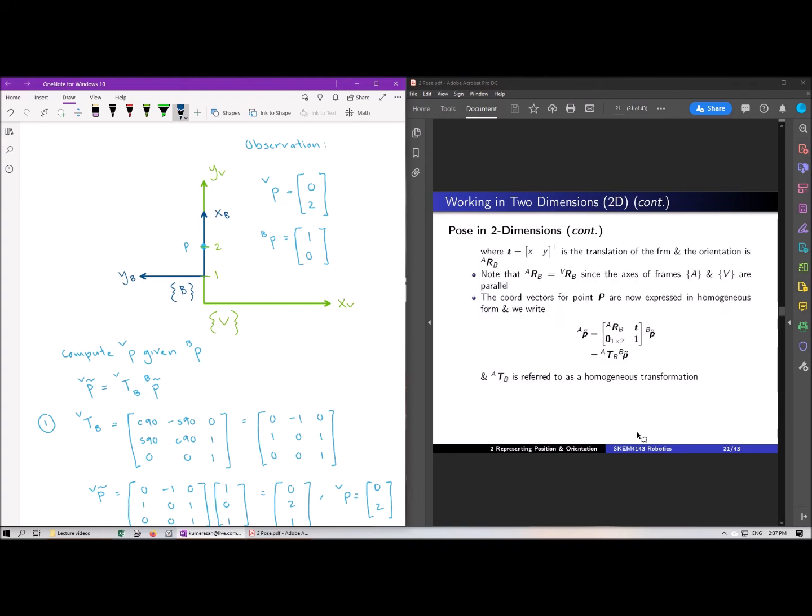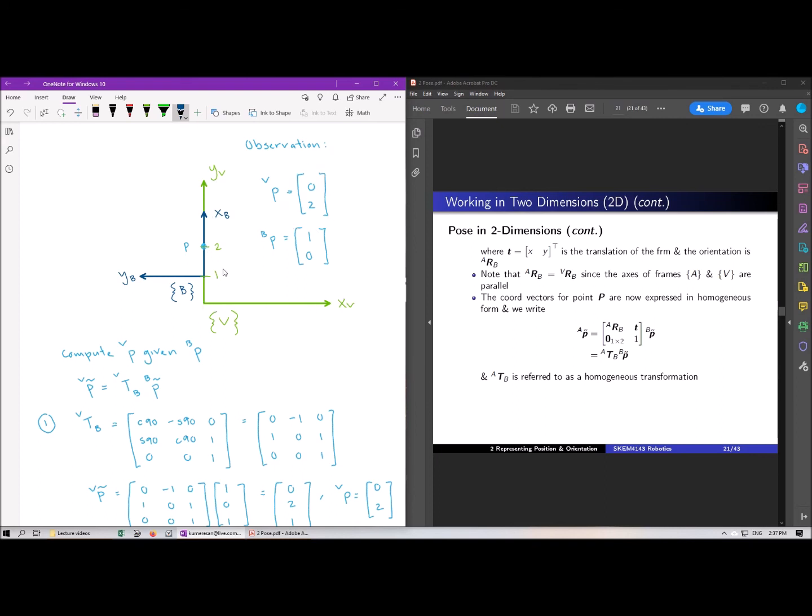We are given again two coordinate frames, coordinate frame V, Vietnam, and coordinate frame B, Bangkok. And we have a point here. As you can see, the point with respect to coordinate frame V is 0, 2.